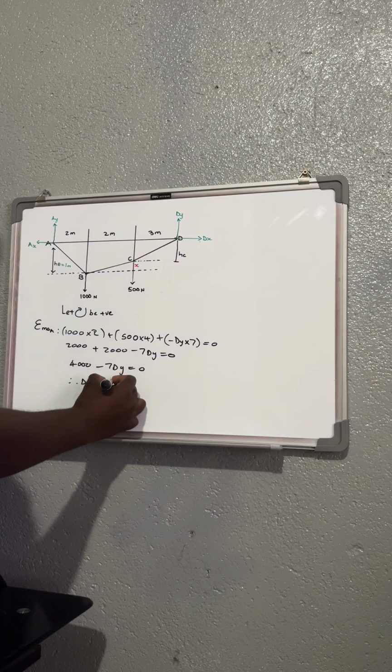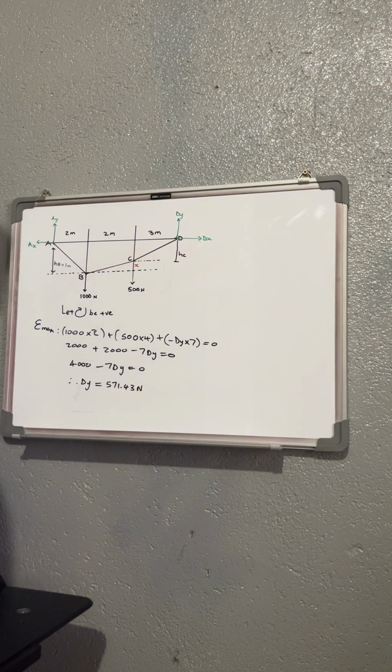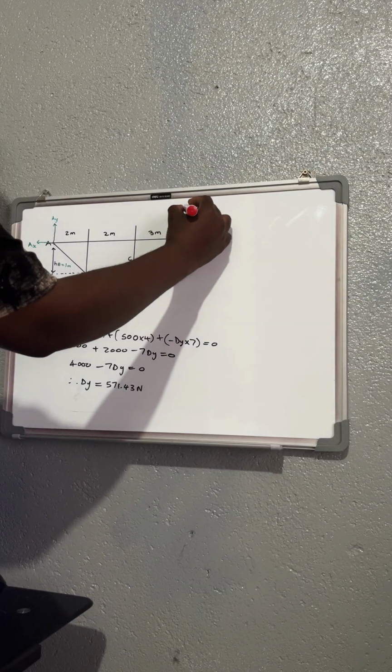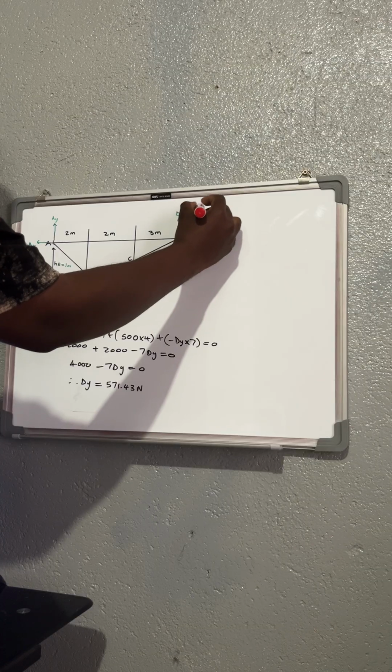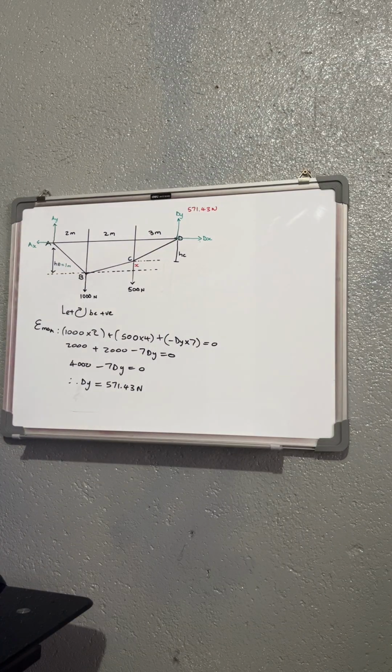It's going to give you 571.43 Newton. That would be for your DY. You go and write it that, okay, for this one I'm getting 571.43 Newton. So since we've got that one, we can just come and erase.